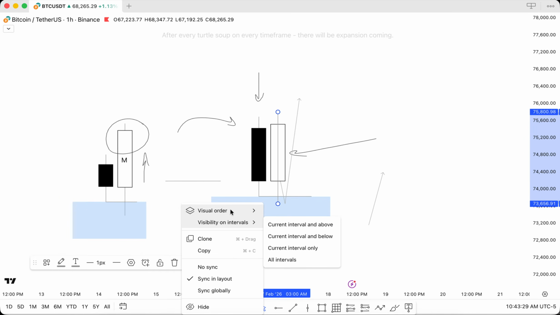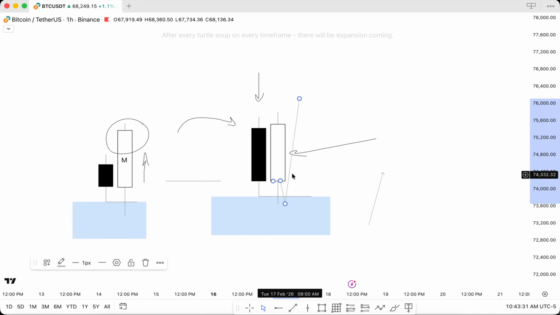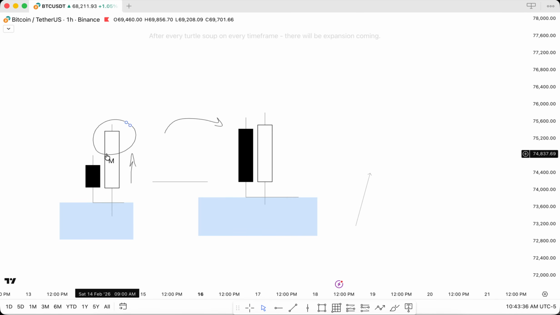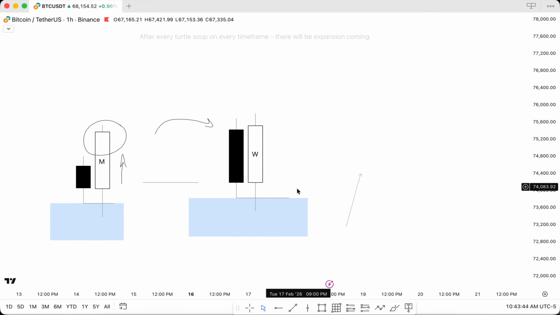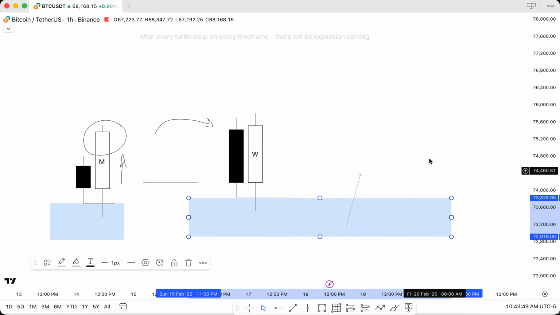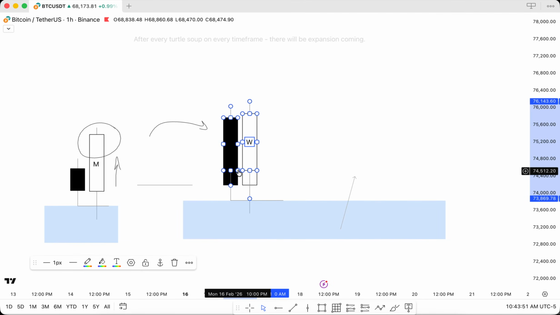And even if you have some more patience, you can try to capitalize on the daily candle that is making the low of the weekly candle, continuing from the same key level on the daily time frame.